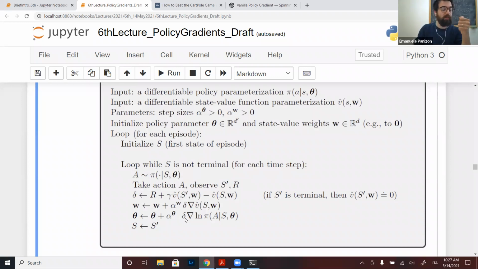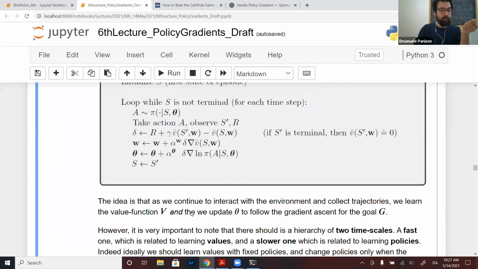Then, using the same TD error and this formulation here, I change the parameters which construct the policy. Then I'm in a new state, and I do this at each step. Then a new step, a new action, and so on.